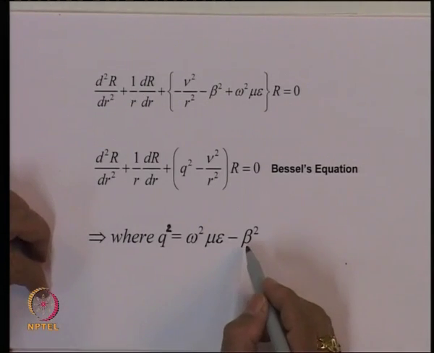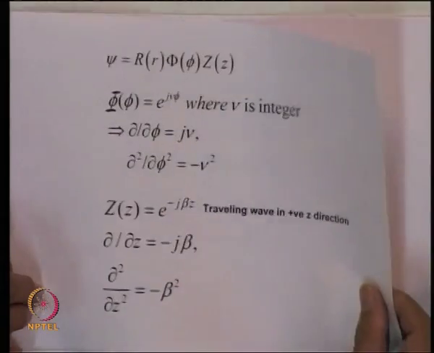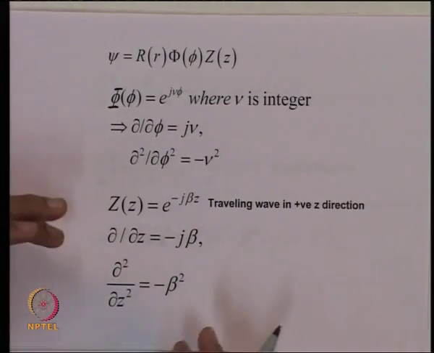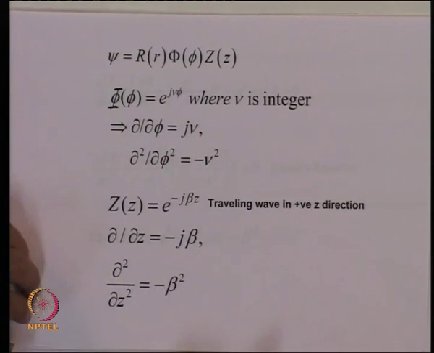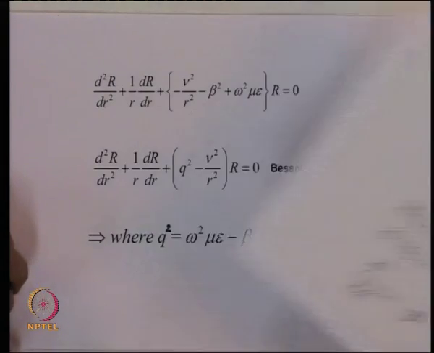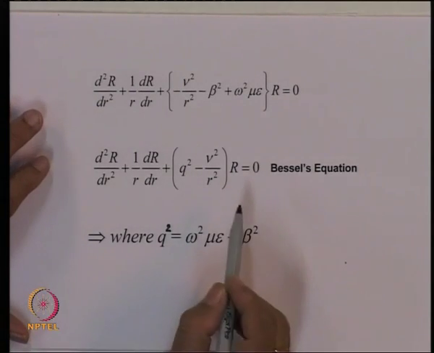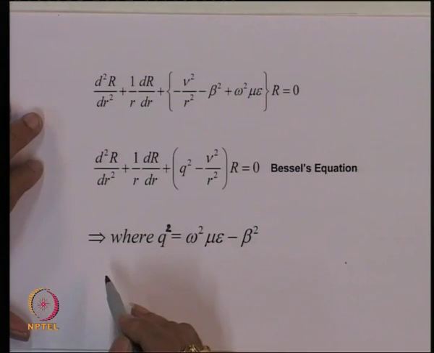Note here that this quantity beta, which is nothing but the phase constant of the travelling wave, is to be determined by applying appropriate boundary conditions. So, this is the unknown quantity in this expression. But if I knew this quantity beta, then this quantity q is known.